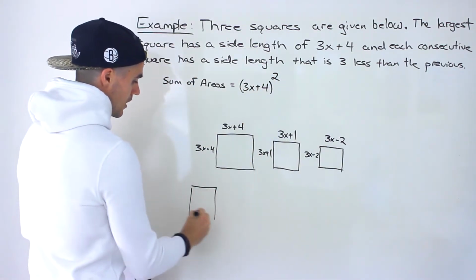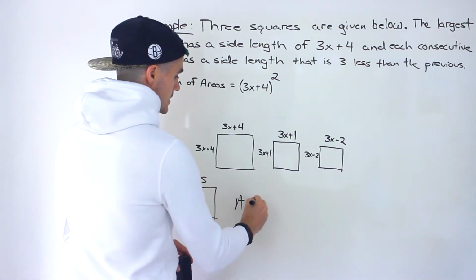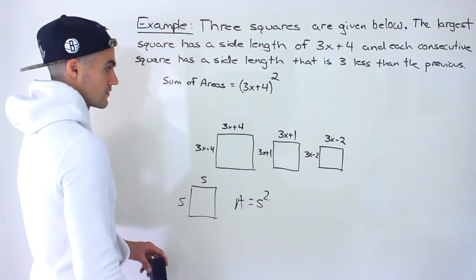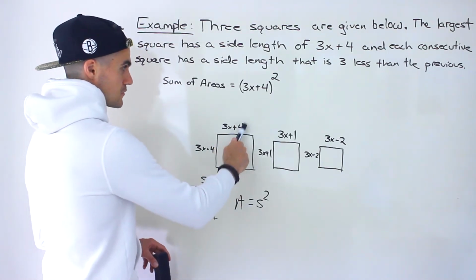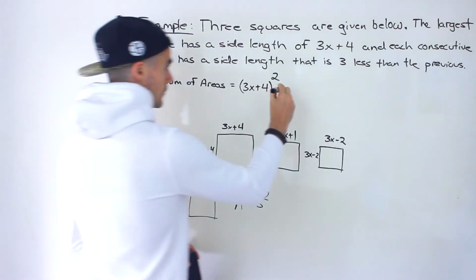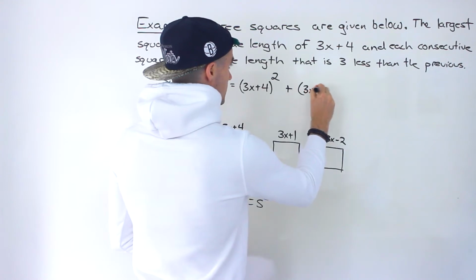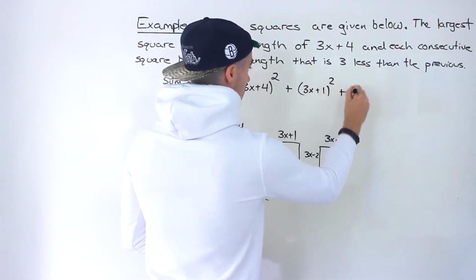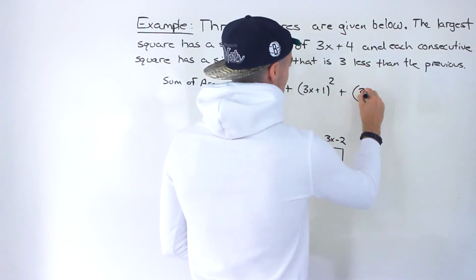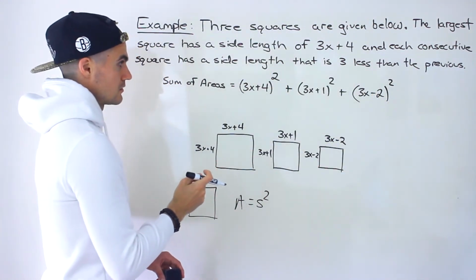The area of any square that has a side length s is equal to s squared. So if s is 3x plus 4, then we're taking 3x plus 4 and squaring it. And then we would add the area of this square, 3x plus 1, that's going to be squared, and then we'll add the area of this square, 3x minus 2, and then that's going to be squared, like that.